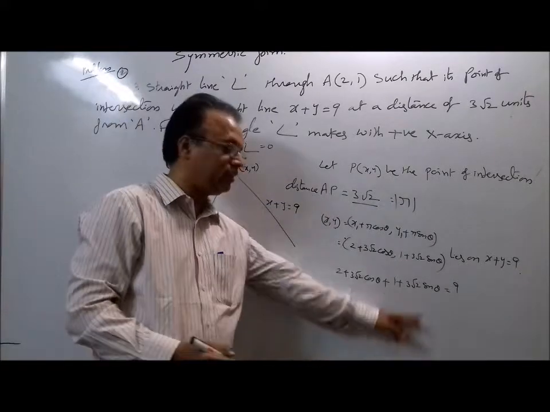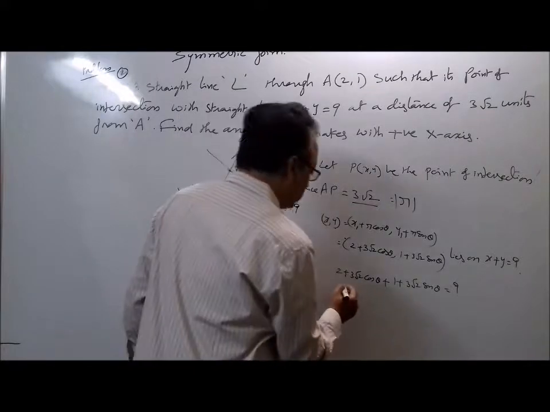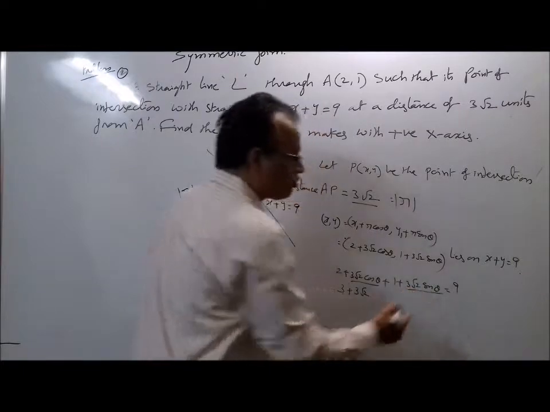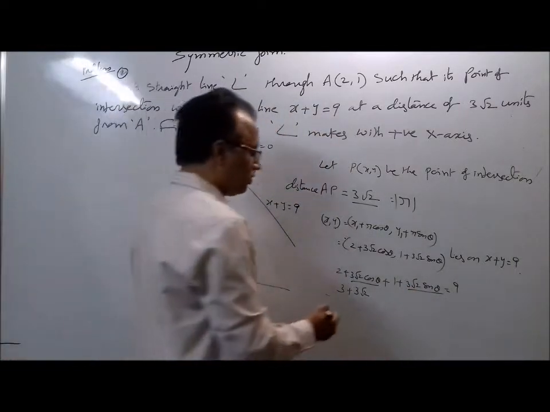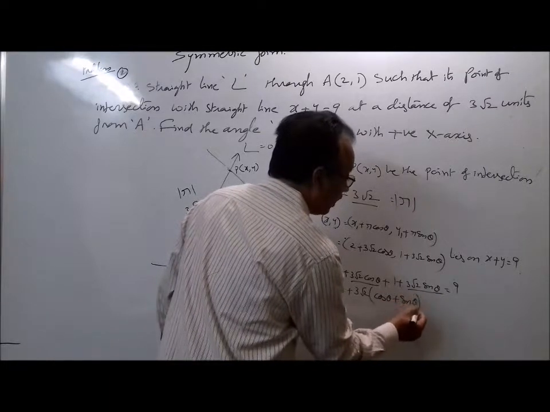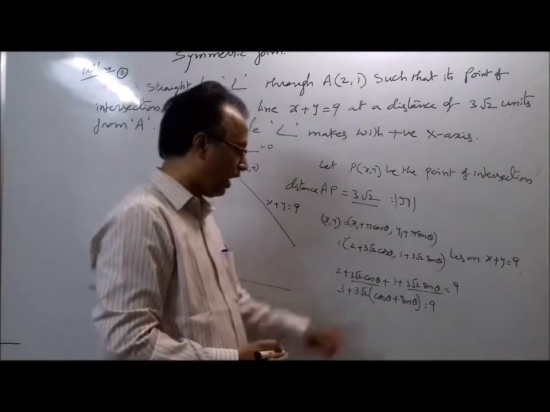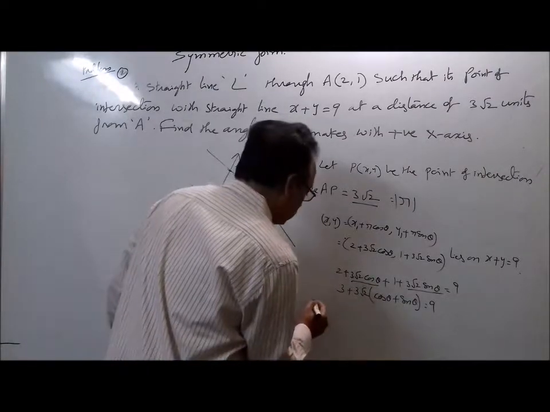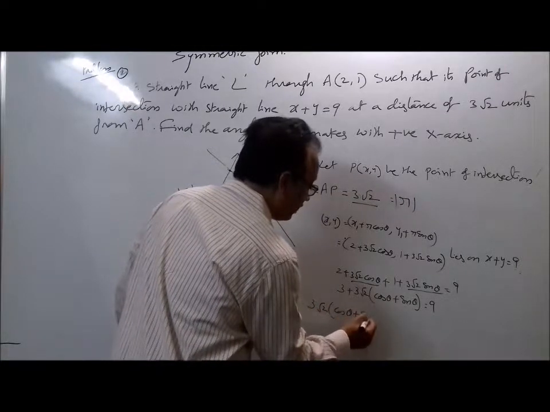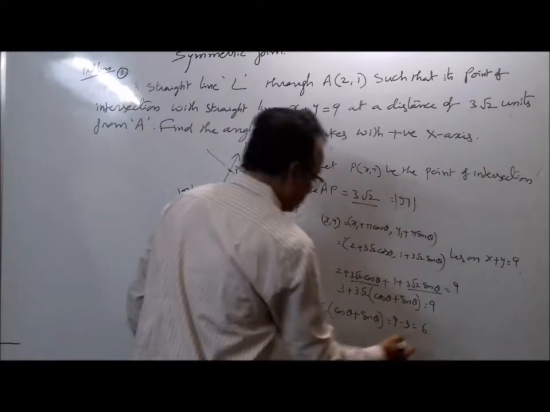Now we find the theta value. 2 plus 1 is 3. If I take 3 root 2 common in these two, 3 root 2 times cos theta plus sin theta is equal to 9 minus 3, that is 6.